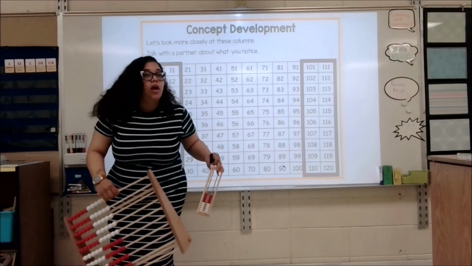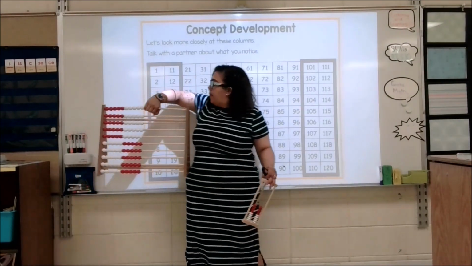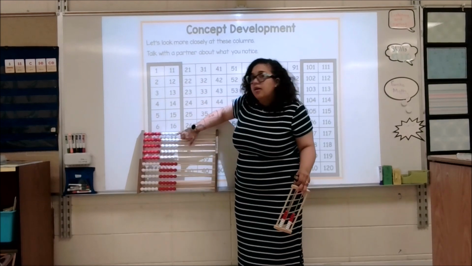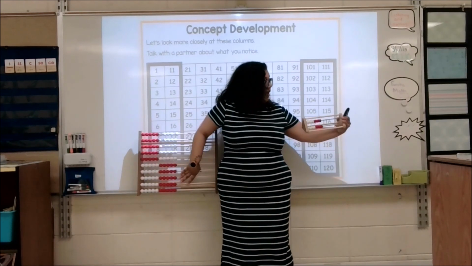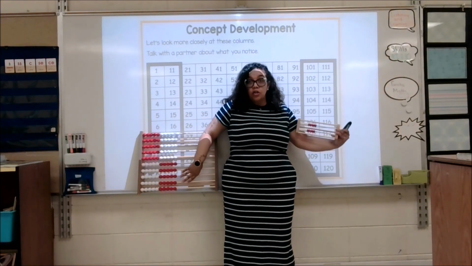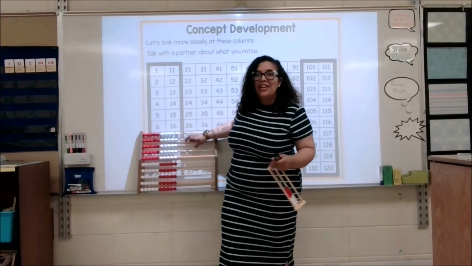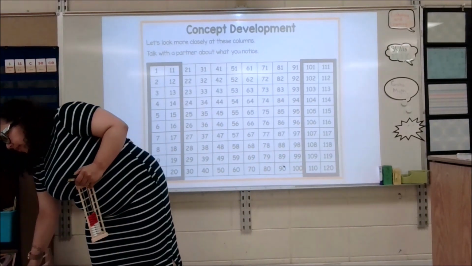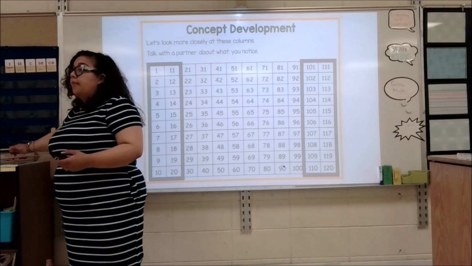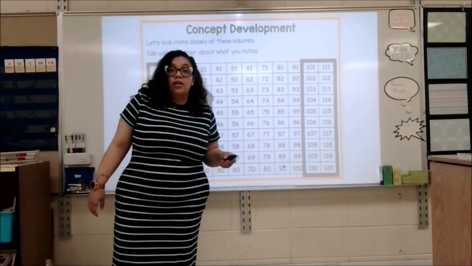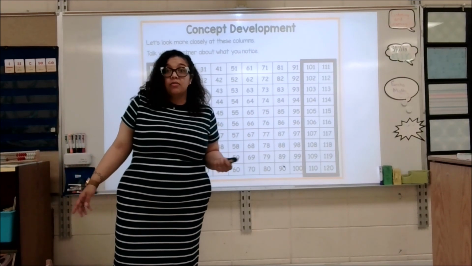So it's this whole 100 all filled up, all completed, and 20 more. Which is why they look similar, because basically we're starting over without getting rid of those.